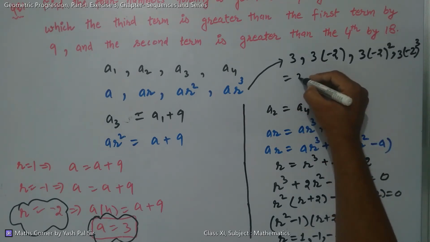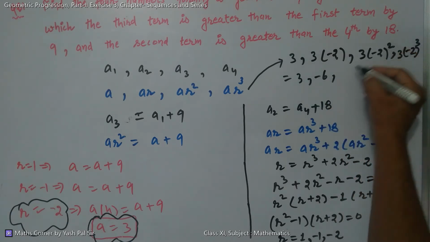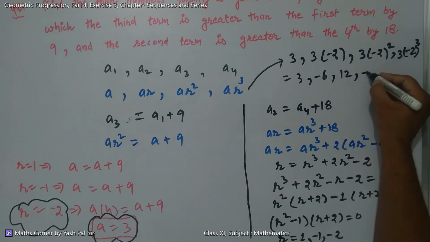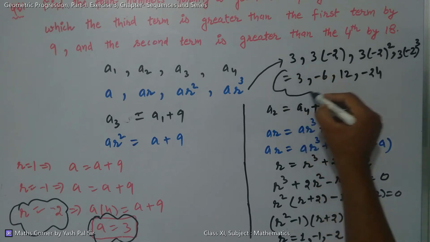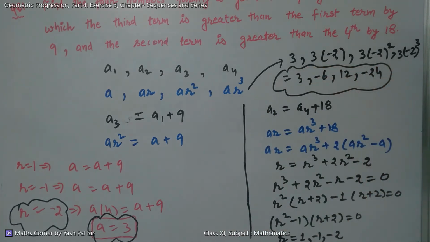That is, we have 3, comma minus 6, comma 12, comma minus 24. So this is the required GP.